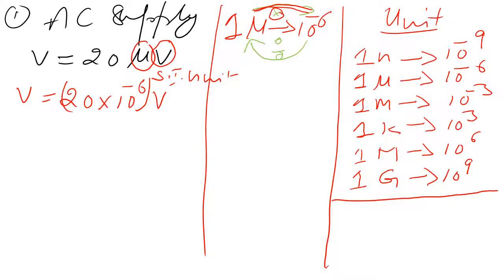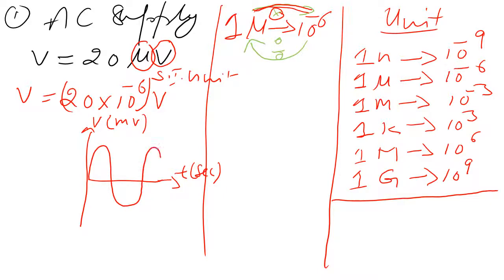And sometimes we can take the value from the graph of the AC voltage. Suppose this is the graph of the AC voltage. Here this is the voltage, but this voltage is in millivolt, and here this is the time, in seconds.